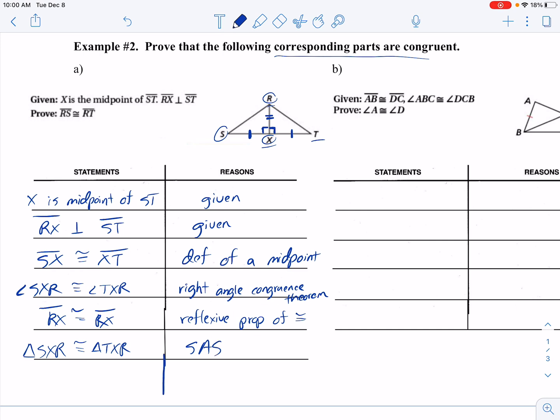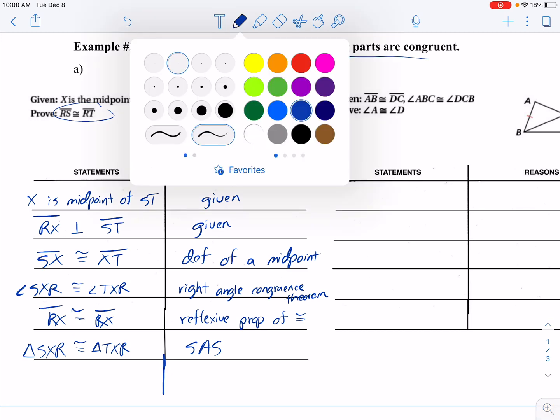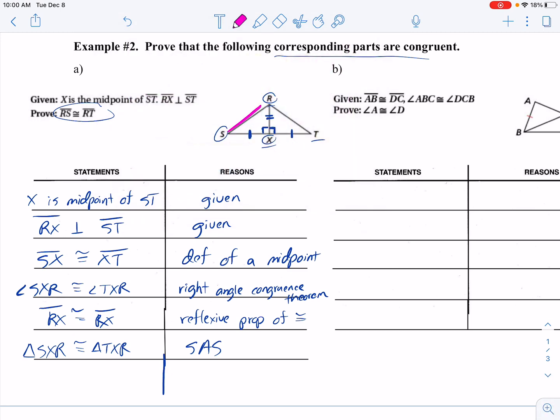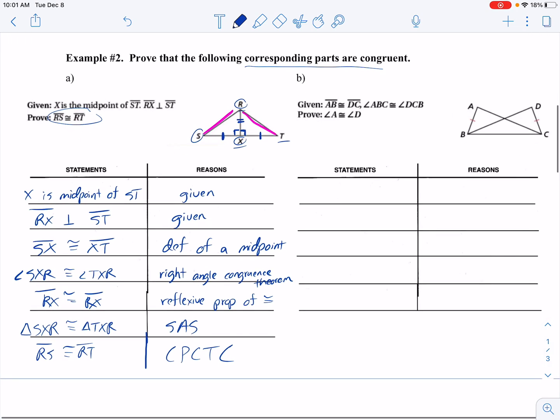And we need one last statement in here because we're trying to prove that one of the corresponding parts are congruent, which would be RS being the same length as RT. And because the two triangles are congruent, we can state that all of the corresponding parts are congruent, including RS being congruent to RT, because of corresponding parts of congruent triangles are congruent. CPCTC.